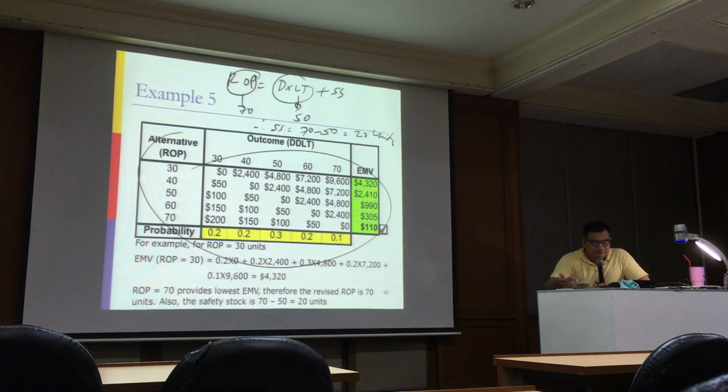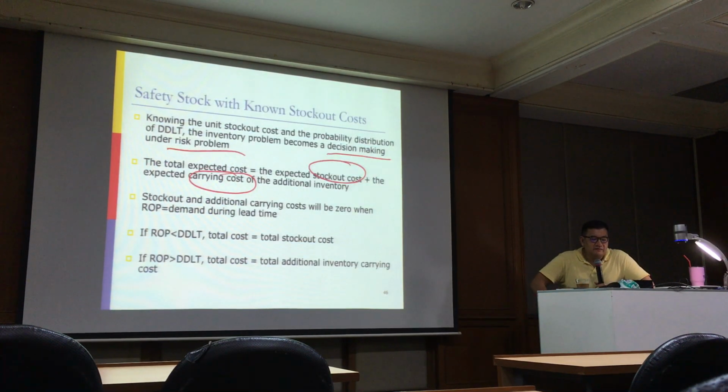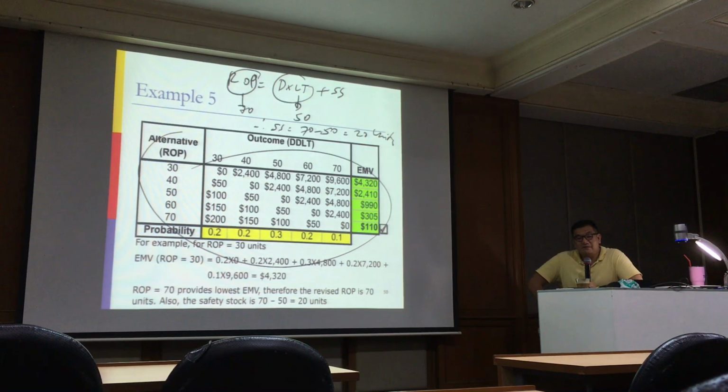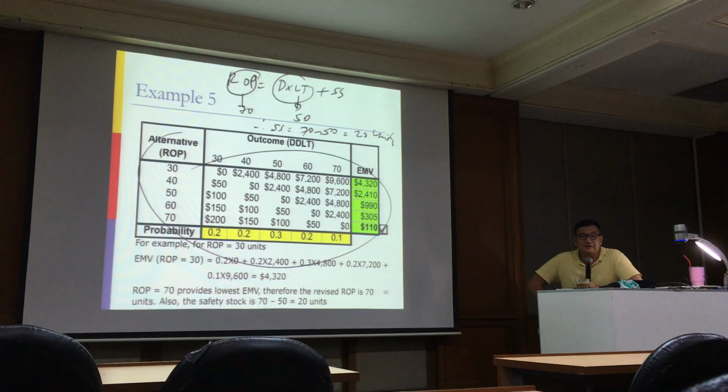So once you see how we can calculate safety stock based on the case that we know the stock out cost, you're going to say that is not something we see much in the real world, right? Because in the real world we have no idea about stock out cost.